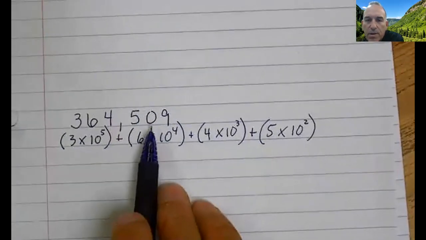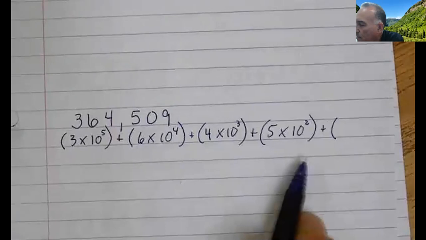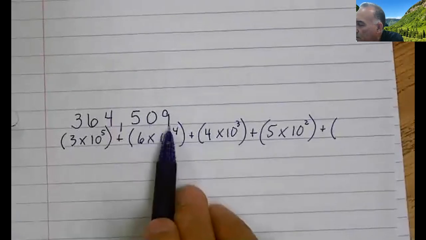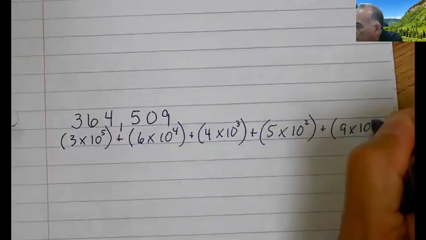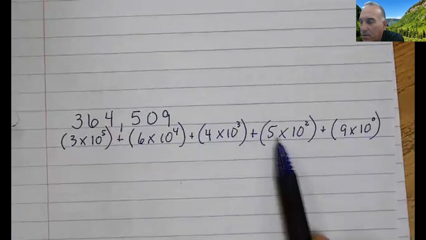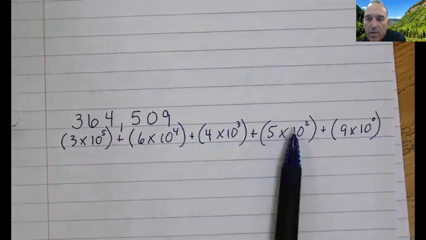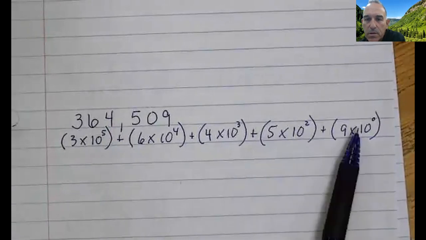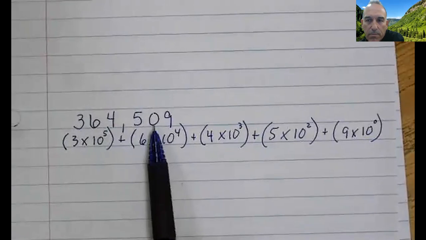Notice this would be the first power. I'm going to skip it. Plus, watch what I'm going to do. I'm going to skip this 0 and come over here and go 9 times 10 to the 0 power. Notice I skipped first. Notice it went from the 2 to the 0 because there is nothing in the first power.